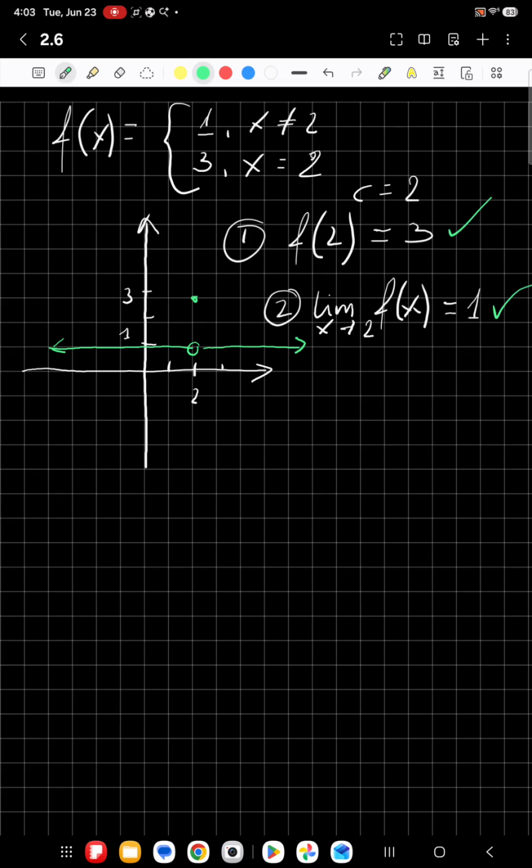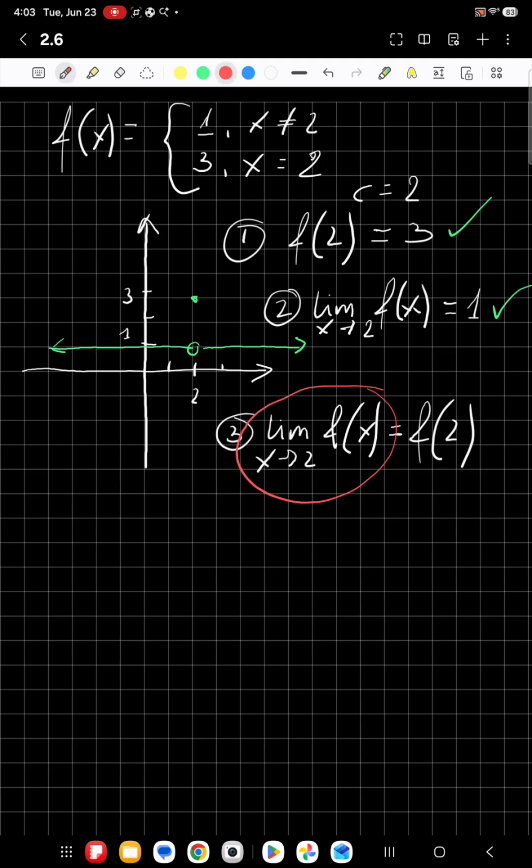So that first condition we're passing, and the second condition is fine. But the third condition was that the limit as x approaches 2 of f of x needs to be the same as f of 2, the value of the function at 2. Unfortunately that doesn't work, because the limit is equal to 1 and the value of the function at 2 is equal to 3.